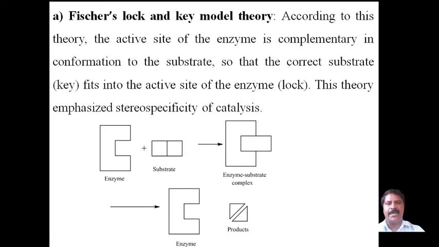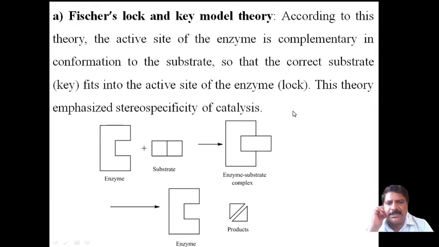The enzyme's catalytic active site is complementary to the conformation of the substrate, so that the correct substrate acts as a key and fits into the active site of the enzyme lock. This theory emphasizes the stereospecificity of catalysis.